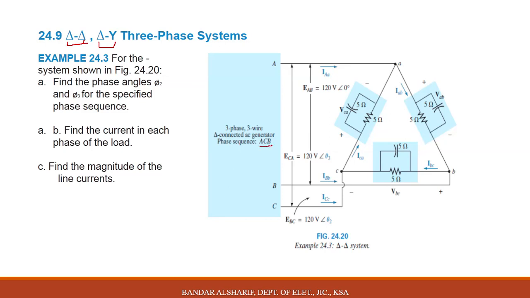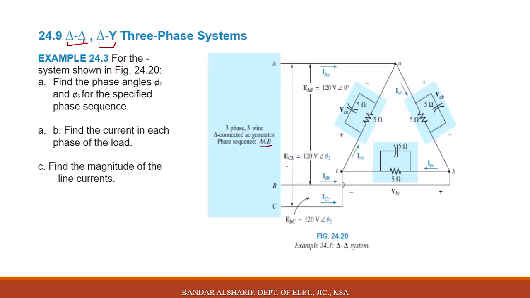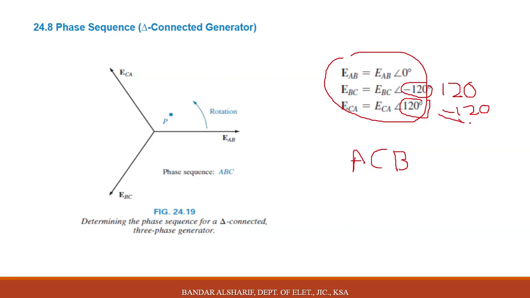It is mentioned here, it is negative sequence ACB. You need to be careful when you solve the example. Since it is ACB, it is a negative sequence. As we mentioned in the previous slide, we will follow this: theta 2 will be 120, theta 3 will be minus 120. As you can see here, for an ACB phase sequence, theta 2 is 120 and theta 3 is minus 120.